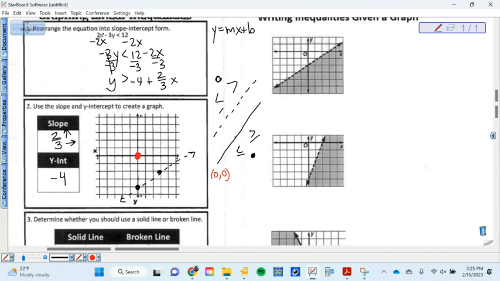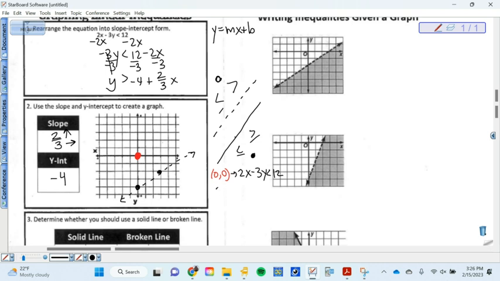I'm going to use my original inequality for a variety of reasons, so I'm going to use this top inequality. So 2x minus 3y is less than 12. Okay, so I'm plugging in 0 for x and 0 for y.